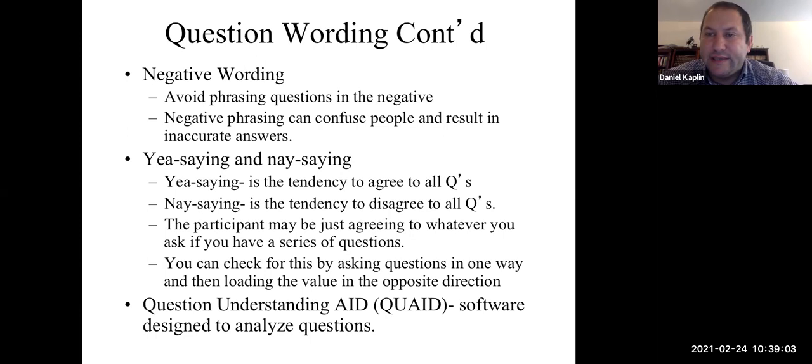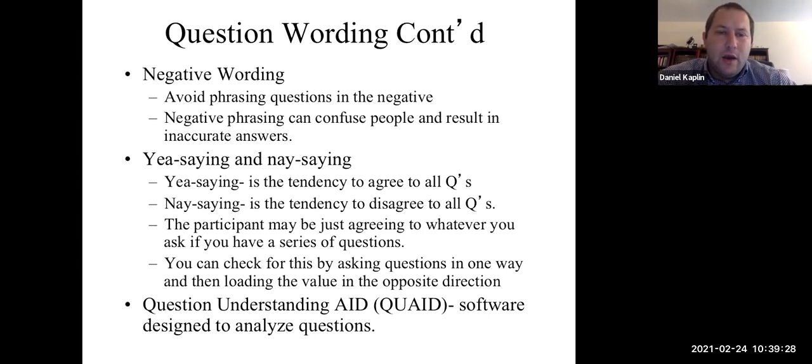So notice I said, I like. I didn't use the word I dislike. I like ice cream, true or false. I like killing puppies, true or false, right? So it's written in the positive so that you don't have to think or undo it, because that negative phrasing can confuse people and it will result in inaccurate answers.